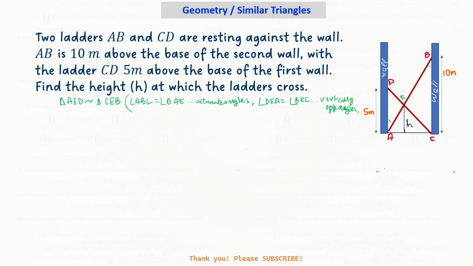And therefore the third angle also would be equal for the same reason that the walls are parallel. So you would have angle ADC is equal to angle DCB. So these are also alternate angles.